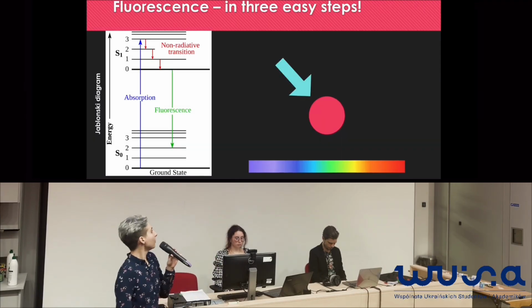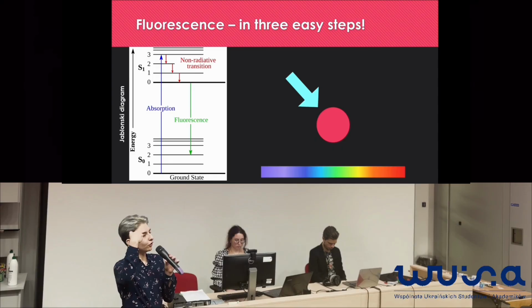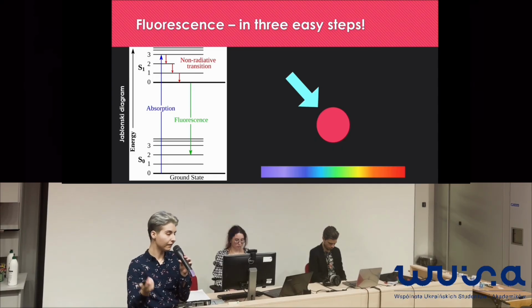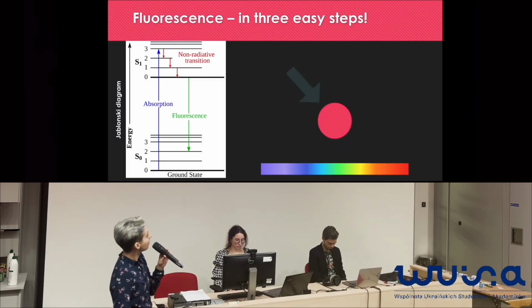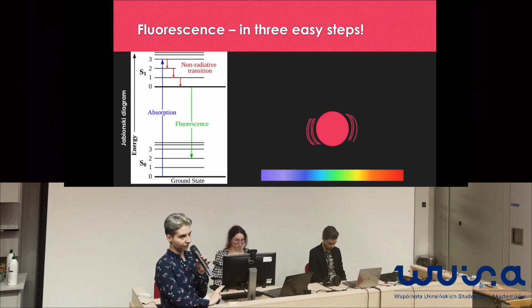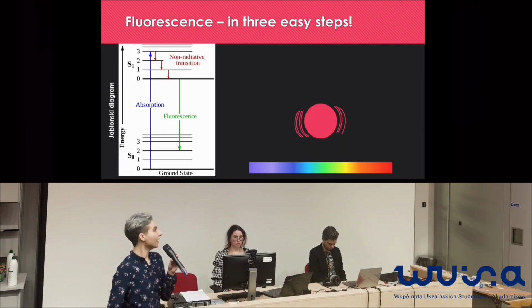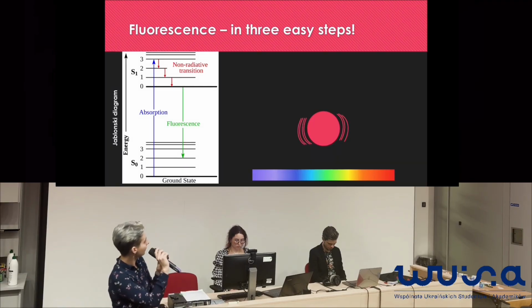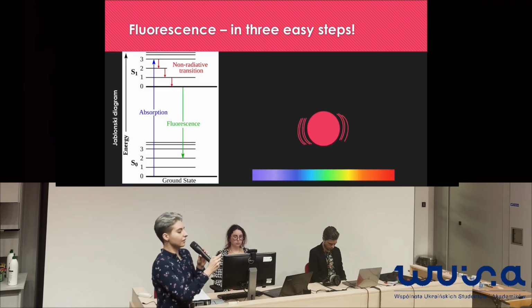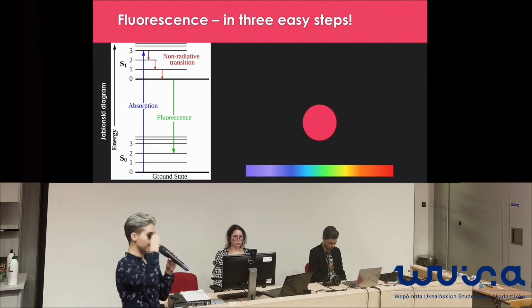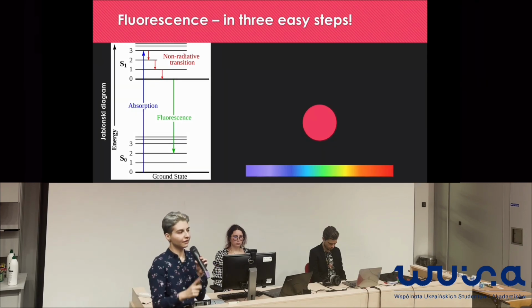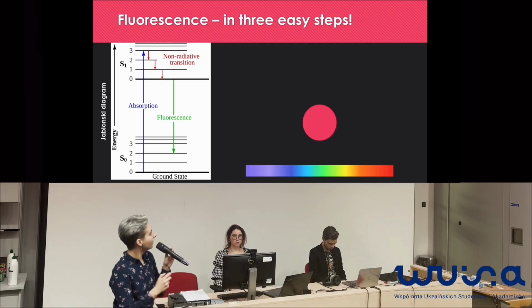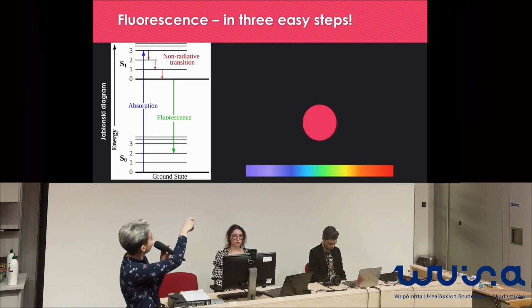So, we hit it with blue light that has some energy, and this molecule becomes energized. Then, it cannot hold this energy for long, so it loses a little of it. Then, it has to emit the energy it gathered. But, as I said, it lost some of it along the way.